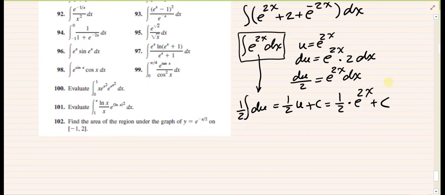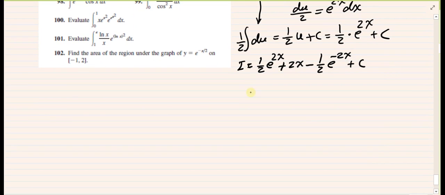Okay, and here it goes. So the answer to the integral is going to be, as I just showed, 1/2 e to 2x. The integral of 2 becomes 2x, and the last one becomes negative 1/2 e to negative 2x plus a constant.